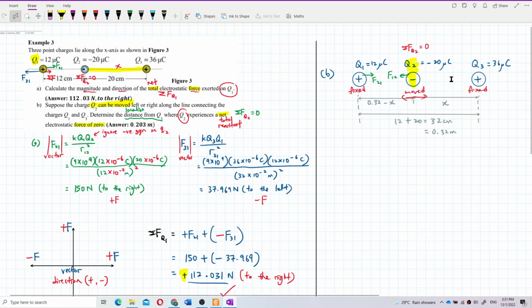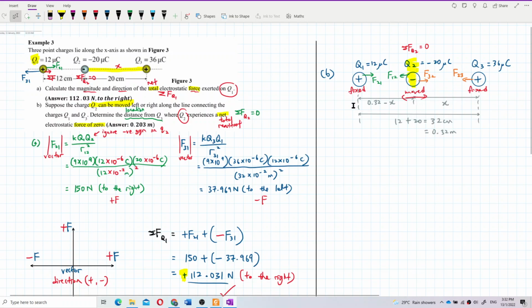Between 2 and 3, also opposite charges, they attract each other. So here we have F3 on 2, and this one is F2 on 3. These two forces attract each other.